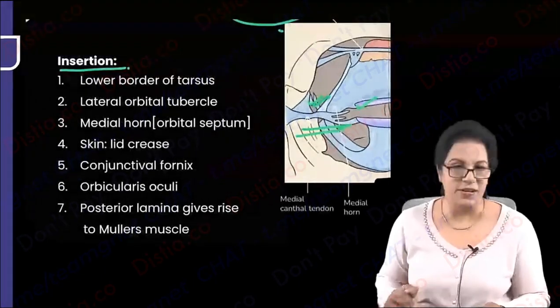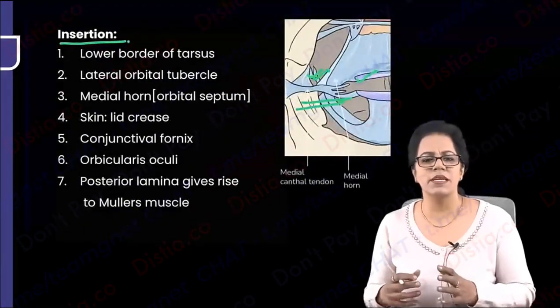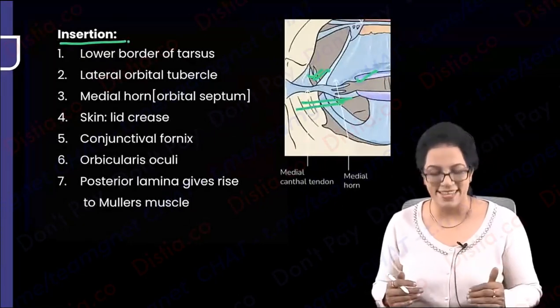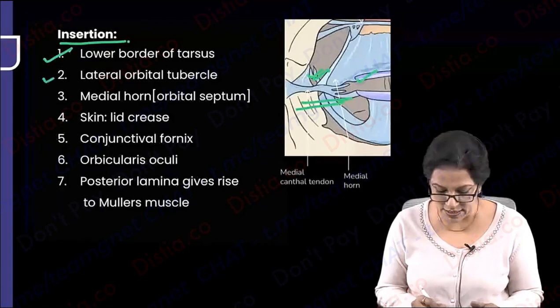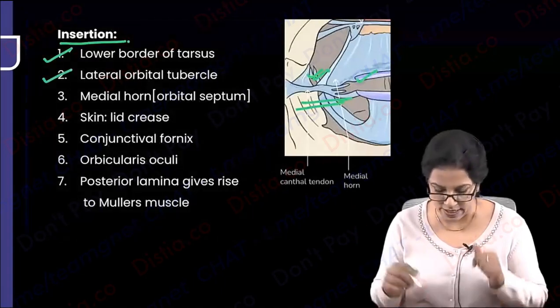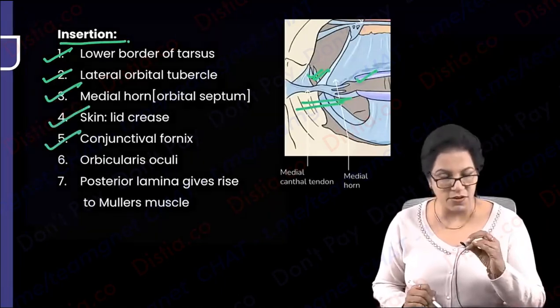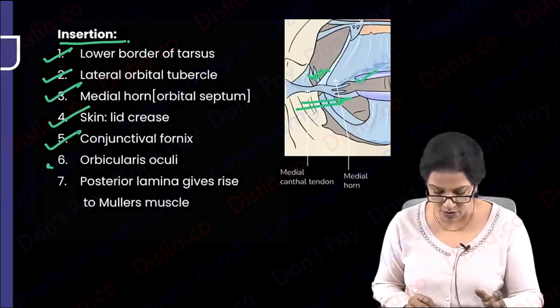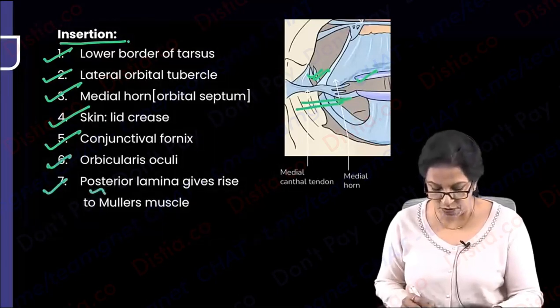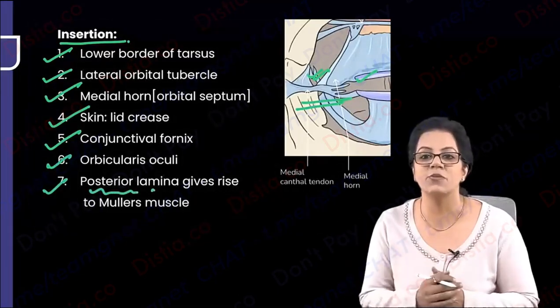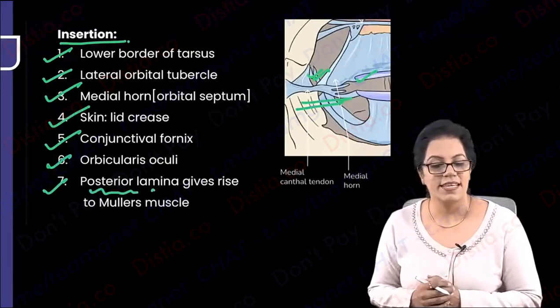Can we see it here now? What are the insertions of LPS? I don't want you to mug it up, just keep reading it, you will understand. So it is at the lower border of tarsus, lateral Whitnall's tubercle on the lateral side, then medial horn, then skin, lid crease and conjunctival fornix, and a few more insertions can be at the orbicularis oculi. And of course, we know that the posterior lamella is giving rise to Muller's muscle. Okay?